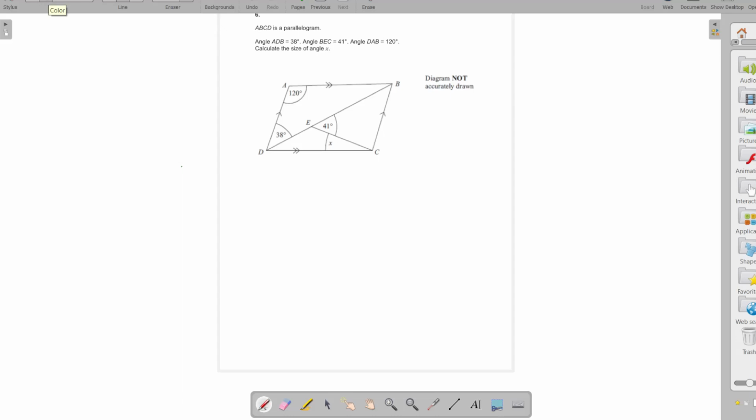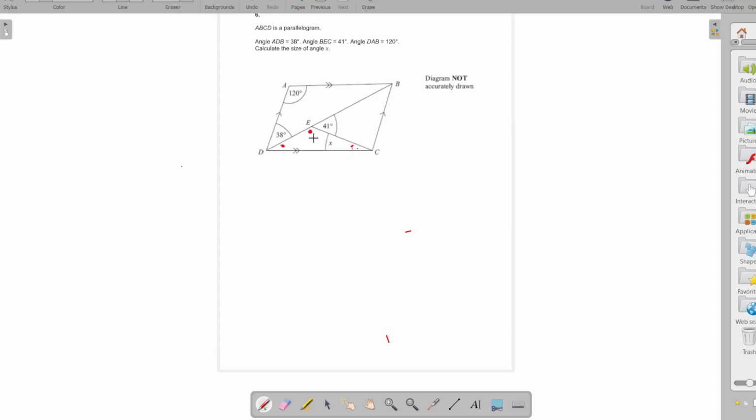Calculate the size of the angle X. Okay, to do that, we have to find this angle. This is the angle we need. So first thing we are going to do is find CED. We could find this angle. If we could find this angle and if we could find this angle, we can find that angle.